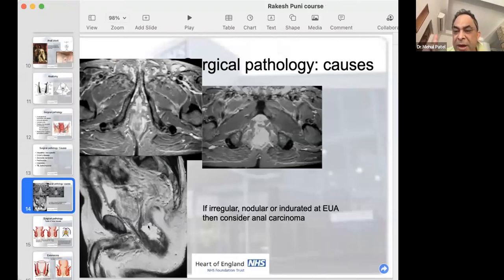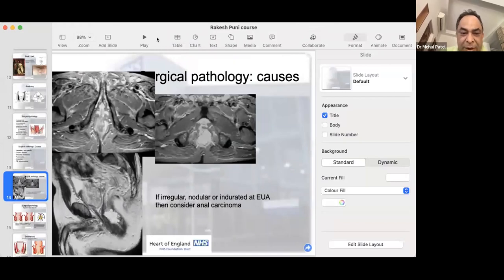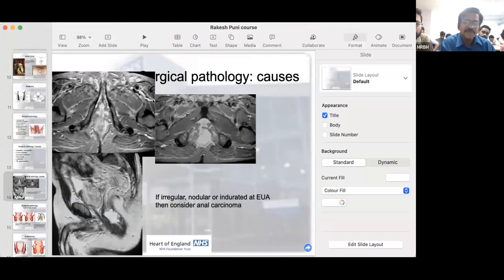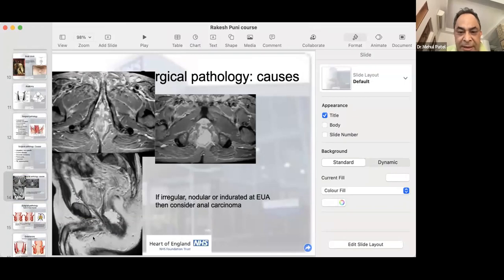Just one little picture I am sharing. Whenever you have a fistula tract like this, can you see the picture? It appears horseshoe on the axial. This is a fistula tract only, but lower down it is slightly irregular. You can see this hyperintensity.